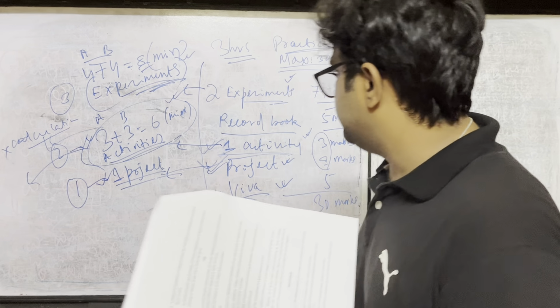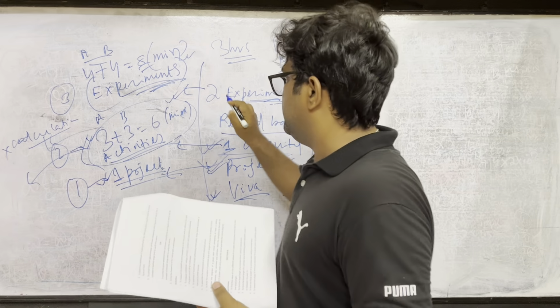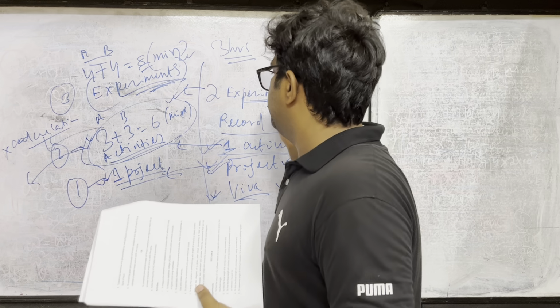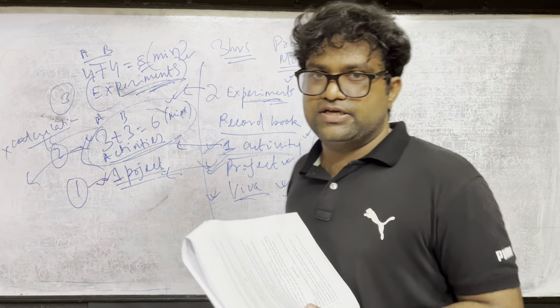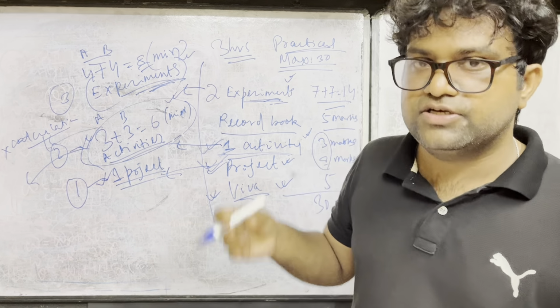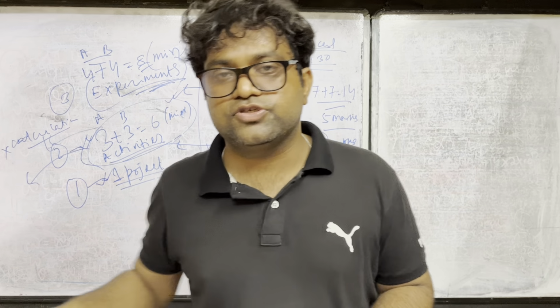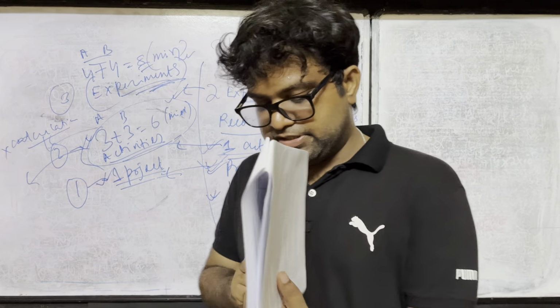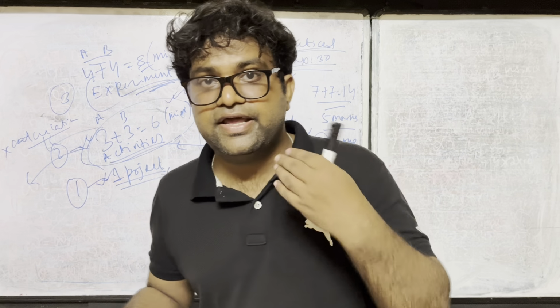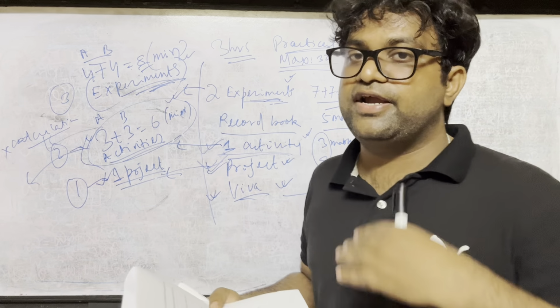And the last part is about the experiments. You know how to write the experiments. You can write the aim of the experiment, then the apparatus required, then the procedure. Mostly students make the mistake that they write in direct speech. What you can do is write in passive voice.